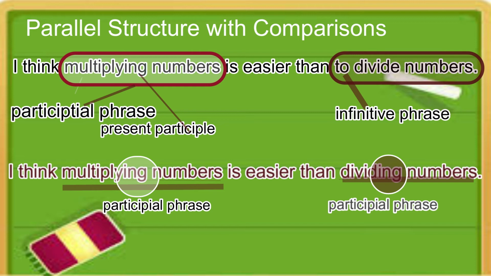So to make this correct, it comes like this. I think multiplying numbers is easier than dividing numbers. If you look at it, it ends with ing. Multiplying, dividing. They are all now participial phrases.